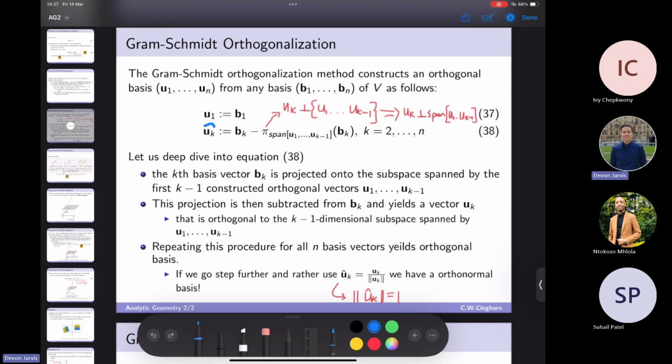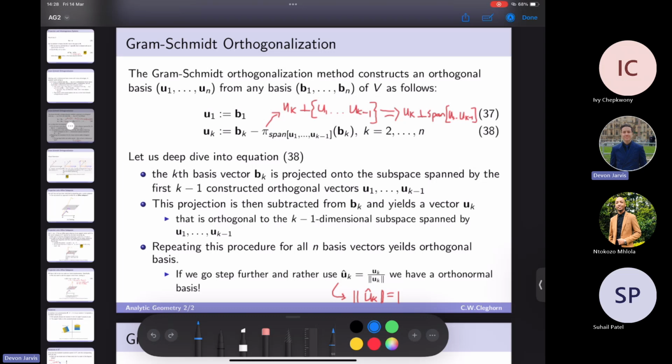What is left is by definition my Uk. Okay, I'll show you a visual version of this now. The good news is that we know then that Uk will be orthogonal to all other basis vectors I've just created. So we've just now ticked that box. Just by subtracting Bk projected onto the span of the previous space, I've now satisfied the orthogonal condition.